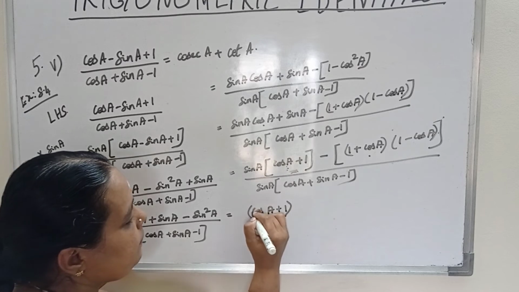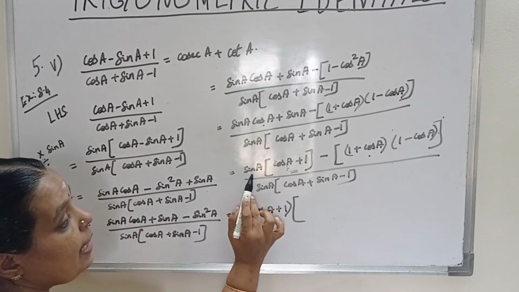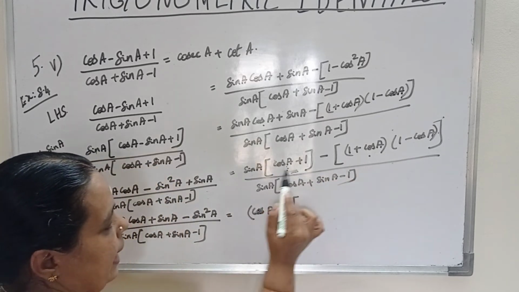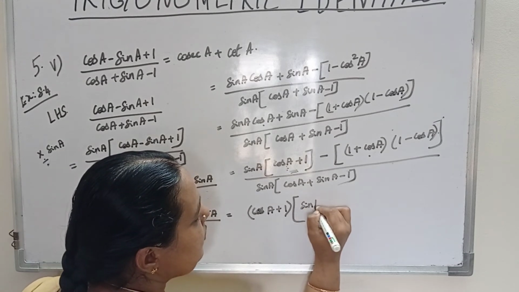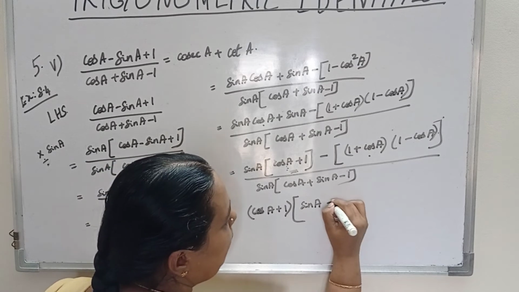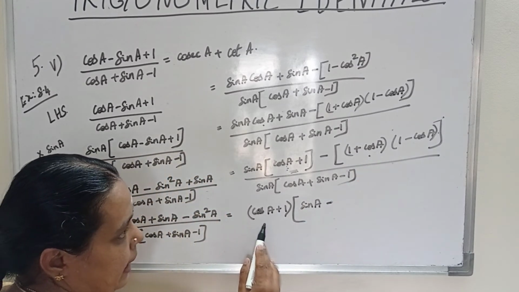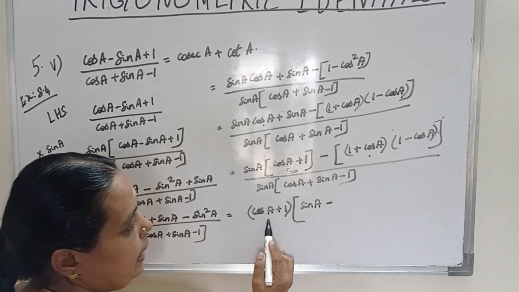If we take cos A plus 1 here, what will be left here? Sin A will be left here. So when we are taking cos A plus 1 outside, we will be left with sin A. So cos A plus 1 taking it outside into sin A minus, here again 1 plus cos A is taken outside. 1 plus cos A and cos A plus 1 are the same.